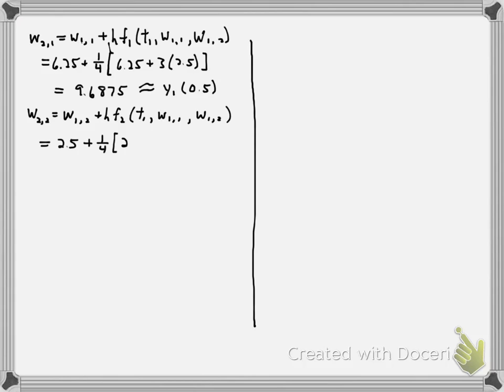And so that becomes 2 times w11, which is 6.25, and then plus 2 times, in this case y2 is w12, and w12 is 2.5. And so doing this arithmetic, we get that w22 is 6.875, and this is an approximation of y2 at 0.5.